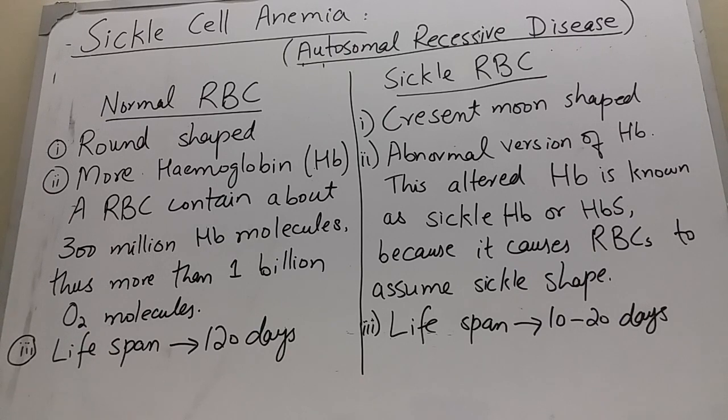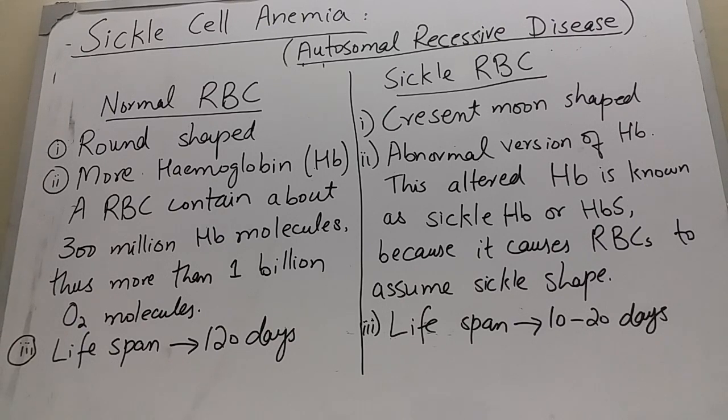The function of hemoglobin is to provide oxygen to all the body tissues. So normal RBCs contain about 300 million hemoglobin molecules, HB molecules, and thus supply more than 1 billion oxygen molecules.